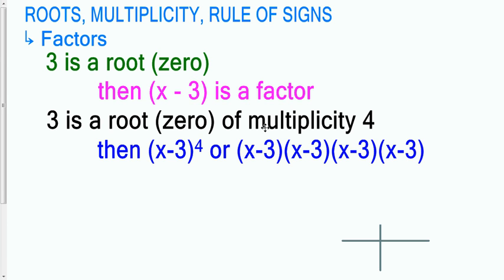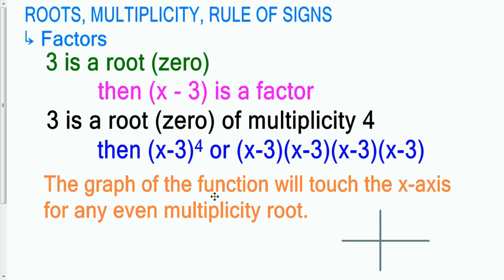Now, anytime you have a root that has a multiplicity, whether it be a multiplicity of 1, like this one, or a multiplicity of 2, 3, 4, 5, 6, 7, 8, or whatever, then you have to understand some things about it. When it has an even multiplicity, the graph of the function will touch the x-axis at that root.